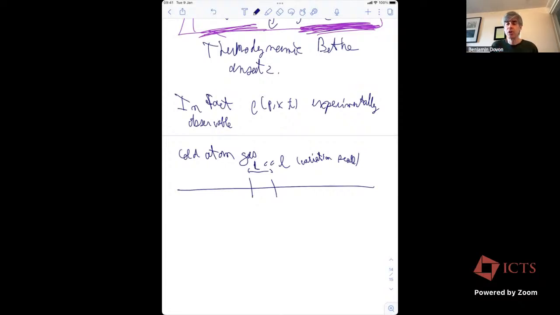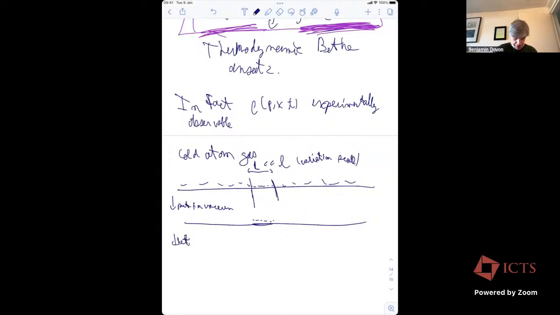And it should look like a maximal entropy state, a GGE. So experimentally, they take this bit of atoms, there's a lot of atoms here, there's atoms everywhere, right? They put them in the vacuum and they let them expand.